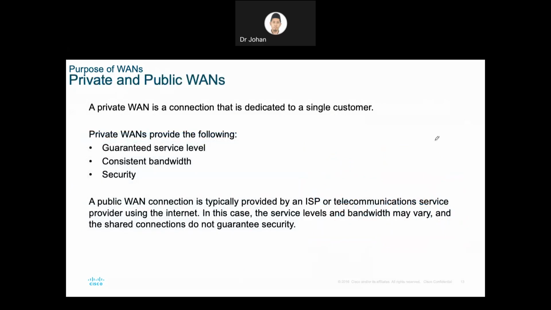It provides, for example, guaranteed service level, consistent bandwidth, and security. A public WAN connection is typically provided by a telecommunications service provider using the internet. In this case, the service level and bandwidth may vary, and the shared connection does not guarantee security.